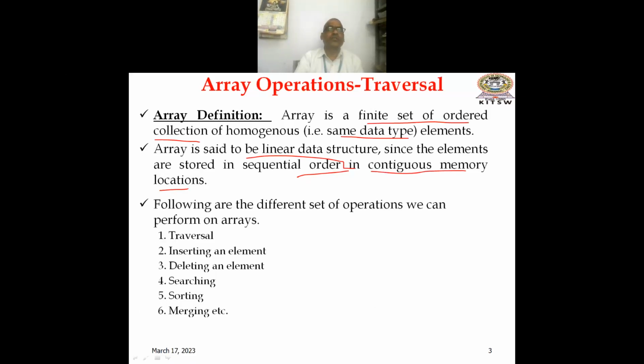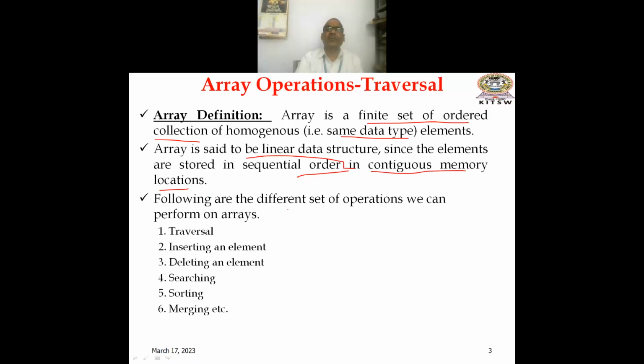Fine. So the following are the different operations that we can perform on arrays: traversal, inserting an element into an array, deleting an element from an array, searching an element in an array, sorting the elements, and merging two sorted arrays into a single array. These are the different operations that we can perform on arrays.